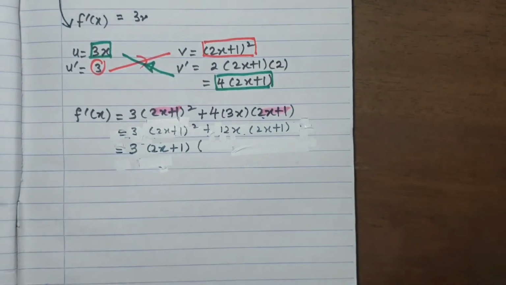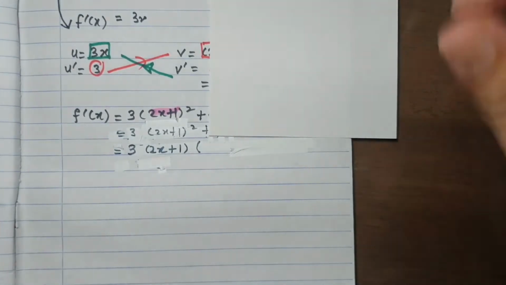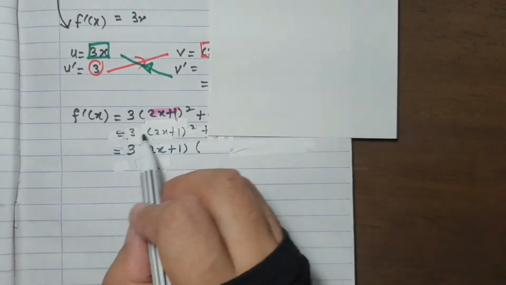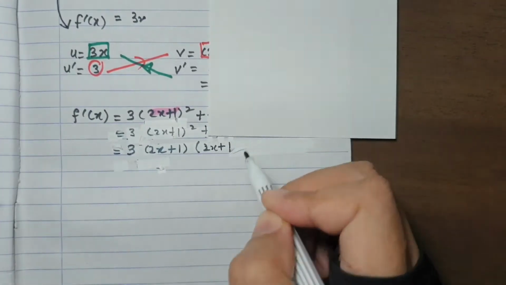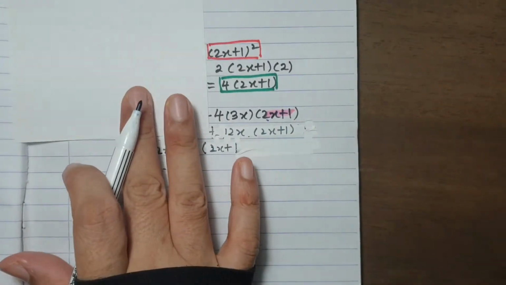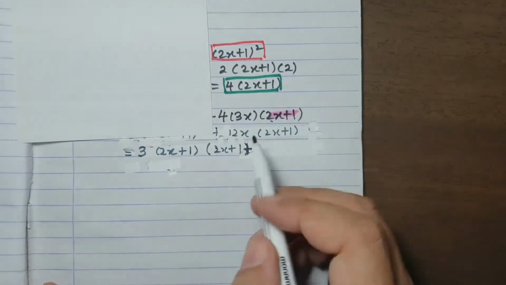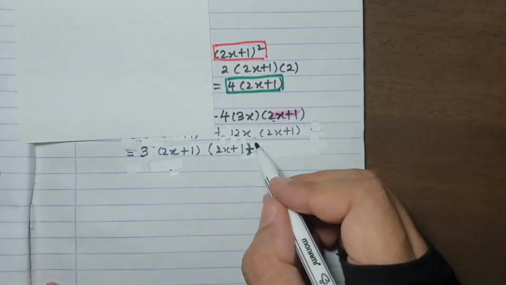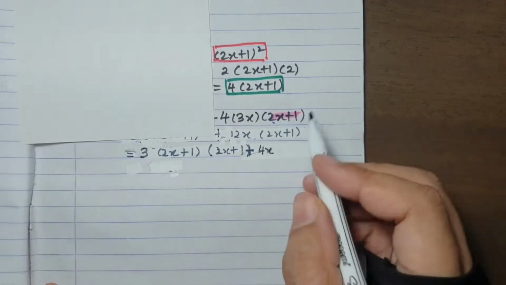Okay, so now for this term you need one more bracket, so let's write 2x plus 1 only, no need to write the bracket power of 1. Settle. Then this side plus, okay, so this one 3 times 4x becomes 12x, and this bracket you have it here, no need to write.